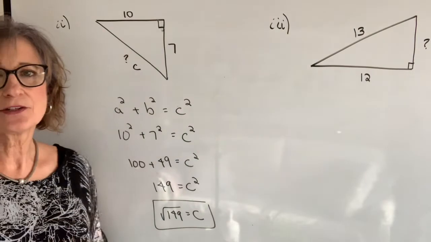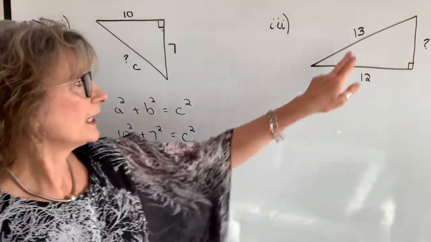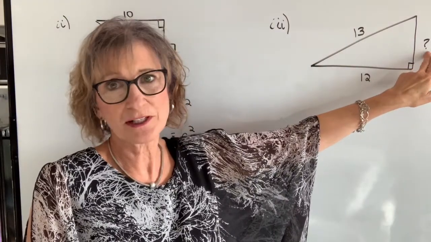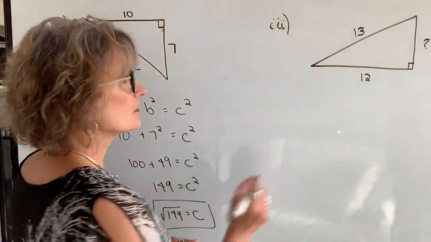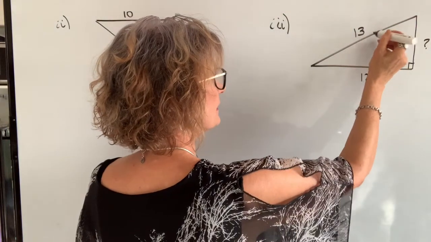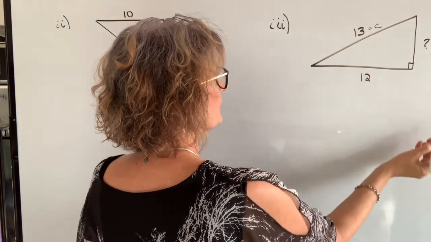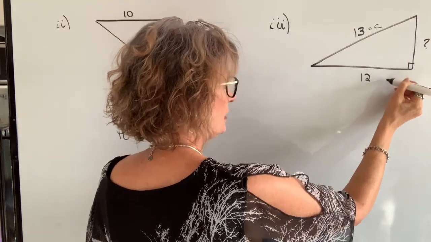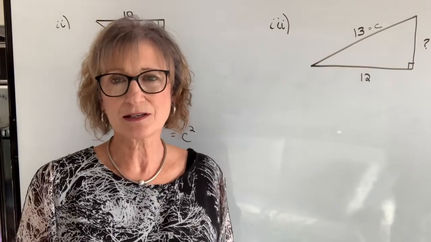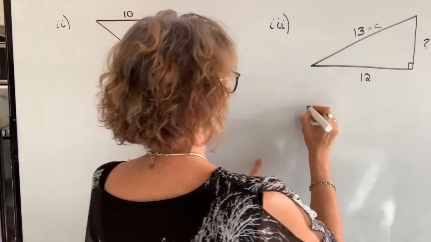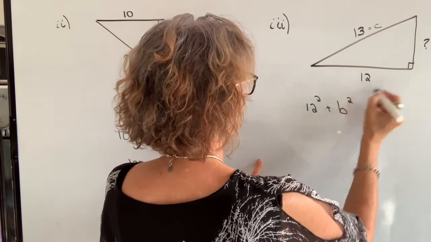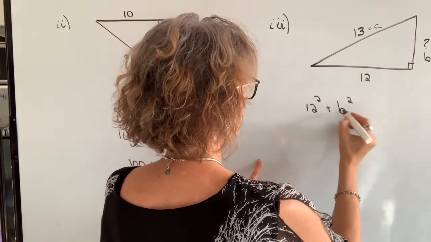Let's take a look at another example, but this time we know length C and we're trying to find length A or length B, whichever you call it. So remember, the side opposite the right angle is side C. So if this is A and that's B, we still have two sides. We're going to find that missing side using our theorem. So if I have A is 12, and if we call this B, we don't know its value.